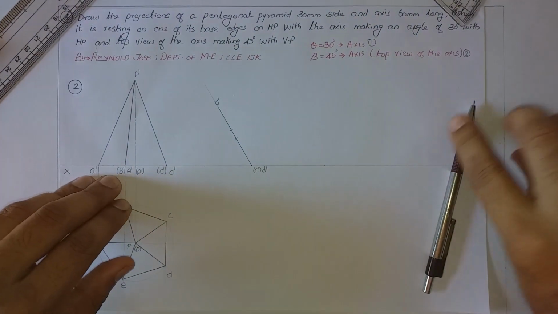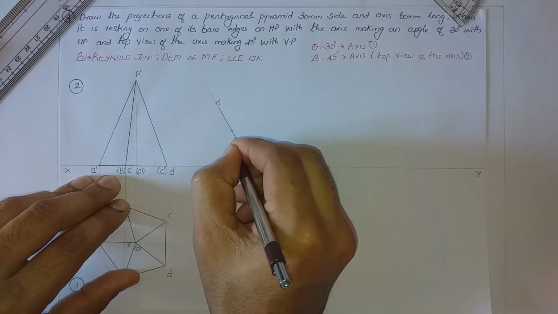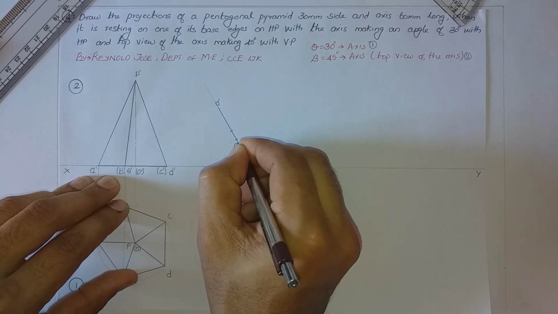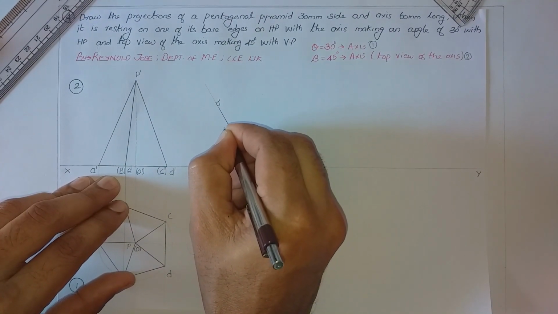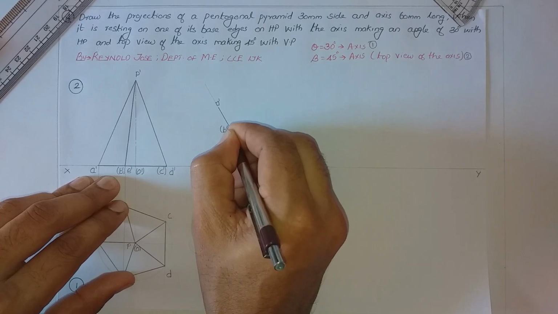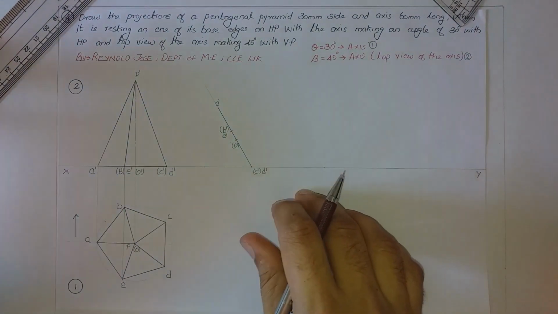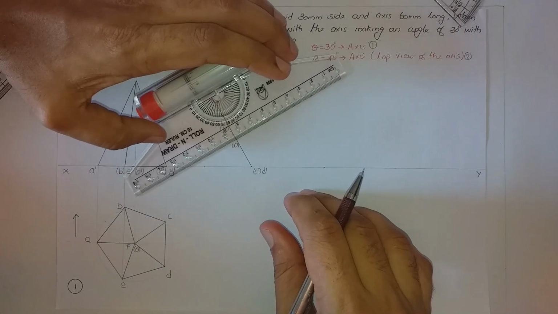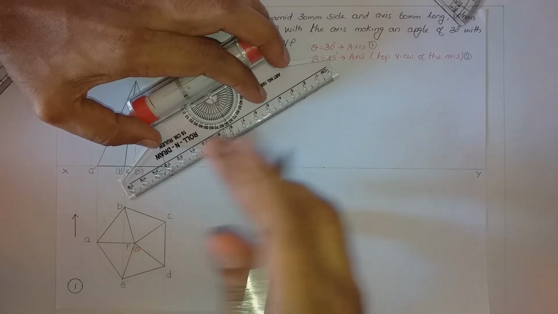So this point will be O dash, and this point will be B dash, E dash. We shall draw the axis. Height of the axis is 60 mm.